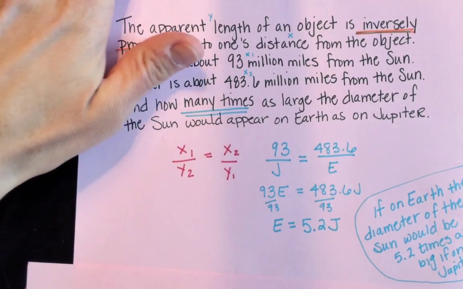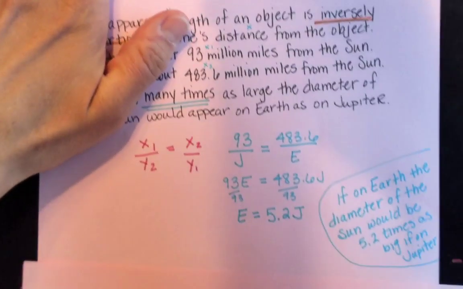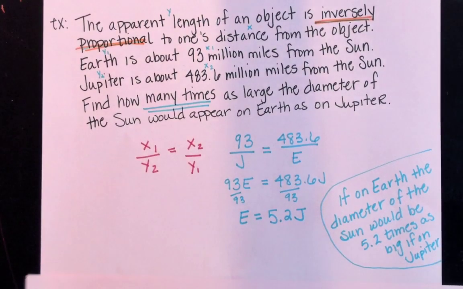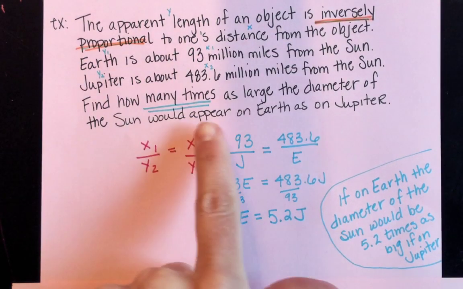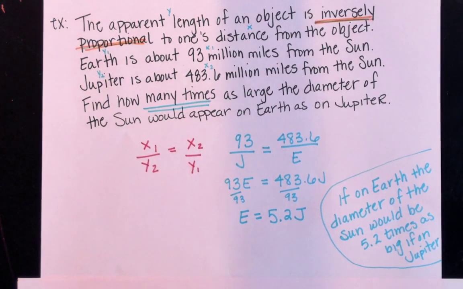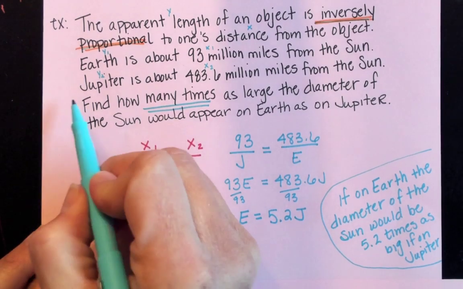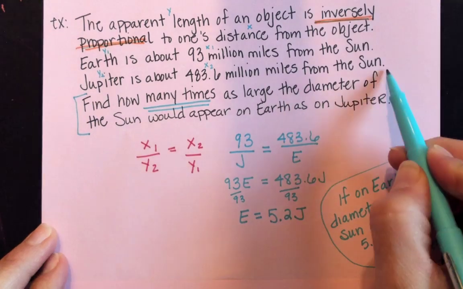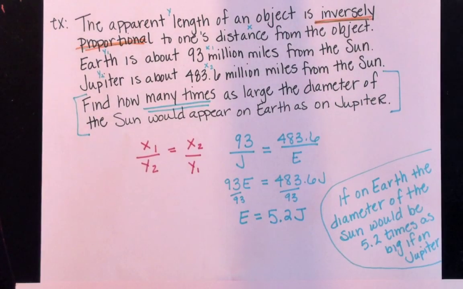So again, it's this idea that the same setup, the same steps, set up your proportion, plug in. But the idea was, in this case, we had two variables. It was this final sentence that told us how to leave this. And I know there's been times where you'll read a question, solve for x in terms of y, or solve for y in terms of x, and we're like, well, I can't solve because I don't have enough numbers.